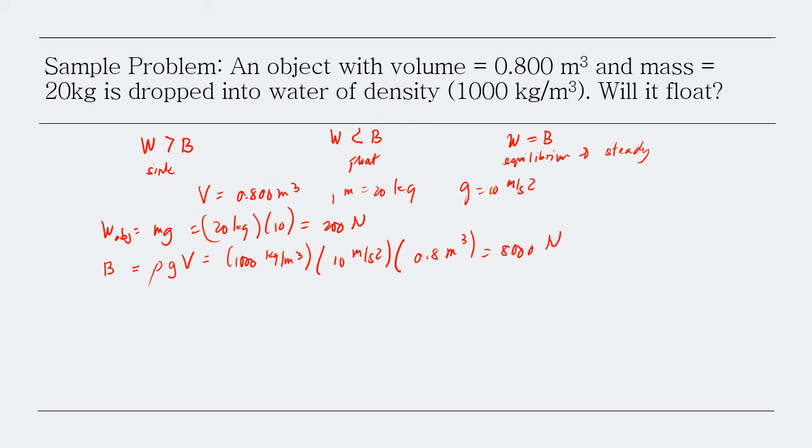So the weight of the object is less than the buoyant force, meaning the object will float.